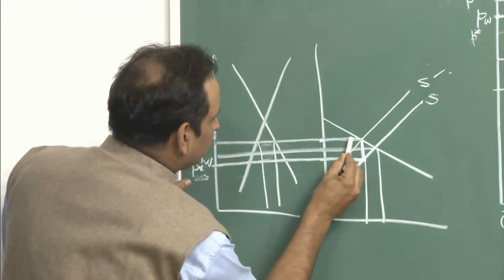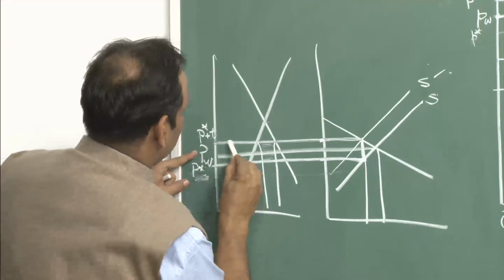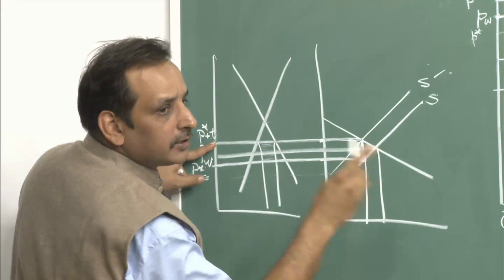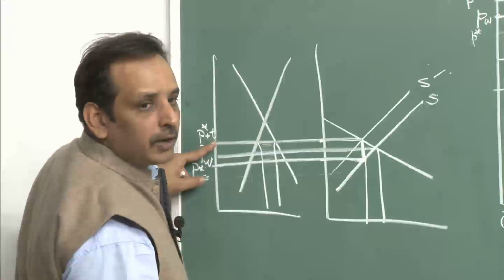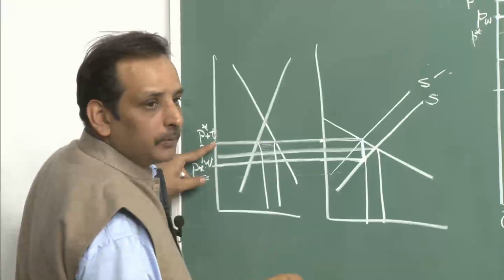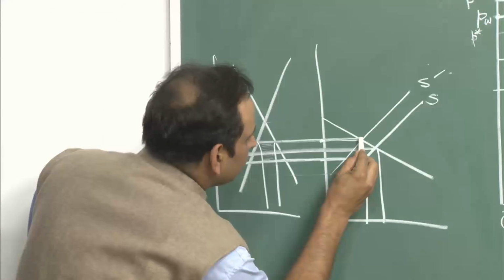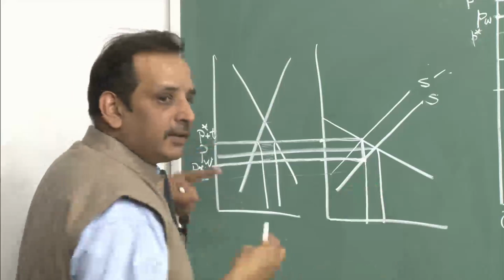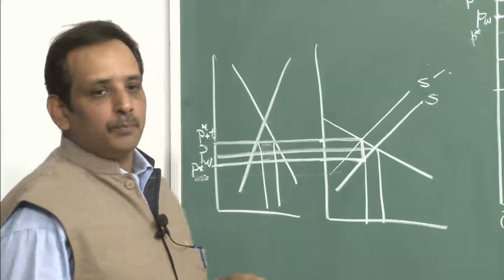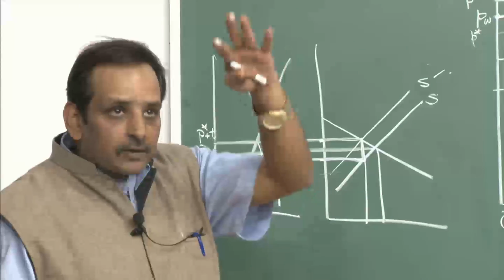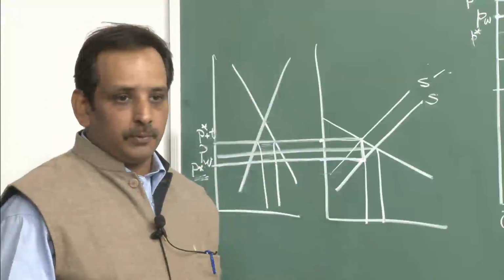Look, this is the domestic price, but foreigners do not get this price because it is the home country which has imposed tariffs. The domestic price in the home country has gone up. Foreigners get a price which is bereft of tariffs. The only thing that they see is that when tariffs are imposed, they will not be able to enter the market because the price of that good domestically has gone up.